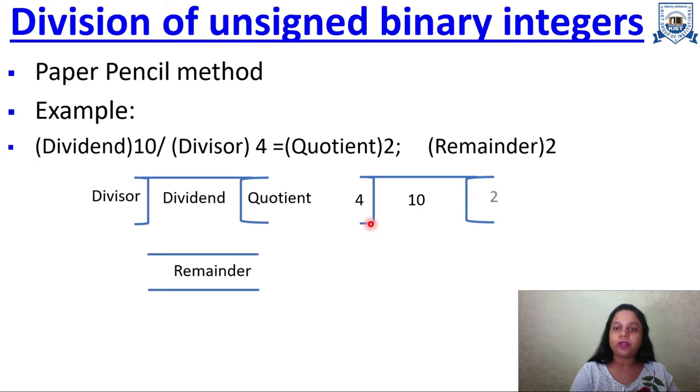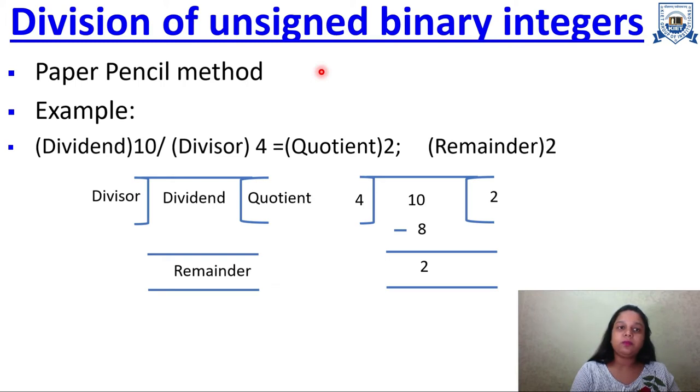So we will write 2 over here, that will be the quotient, and 4 into 2 is 8. 8 will be written here and subtracted from the value 10, and the result will be written here. That value is 2, and this is the remainder that is left over. Now this value must be 0 when you want to end, or lesser than 4. It means the value 2 is less than 4, so we cannot go further. There are other methods, but we need to learn only this much, unsigned binary integers. So this was the paper pencil method.